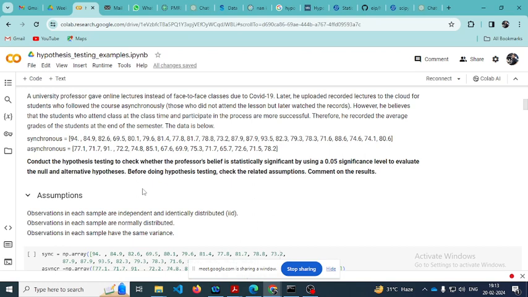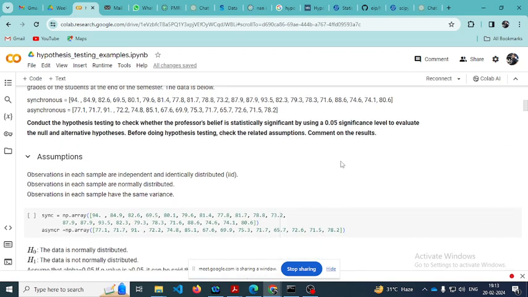We need to check whether that hypothesis is correct or not. We check whether the professor's belief is statistically significant using the significance level. They have given alpha as 0.05 to evaluate the null and alternative hypotheses.